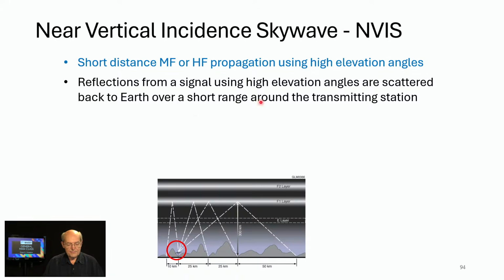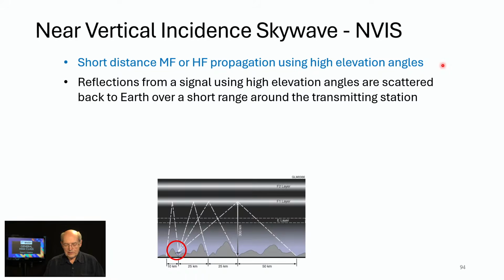So what is it? It's short distance, medium frequency or high frequency propagation using high elevation angles. In other words, we're shooting straight up. Well, how can we make a signal go straight up? Well, the way we can do that, I think we mentioned in the antenna chapter, you normally want to be about half a wavelength above ground to get a radiation pattern that will go out in any direction.